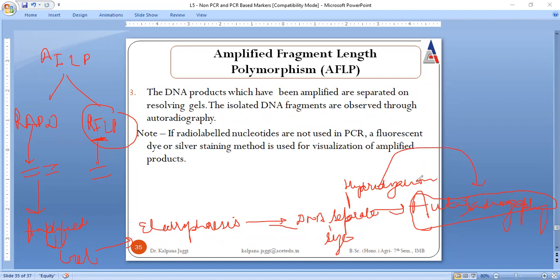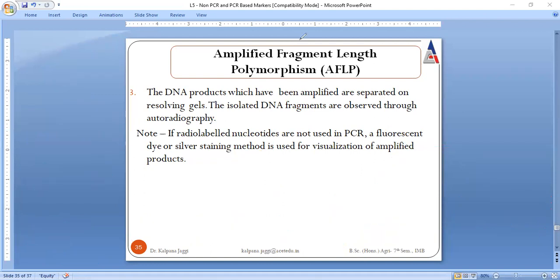Wherever there is the emission of the color, we come to know this color is due to the attachment of the probe, and that particular sequence can be detected because we know the sequence of the probe. In case these radio labeled nucleotides are not available, we can go for the use of fluorescent dye or silver staining methodology also, right? So this is all about amplified fragment length polymorphism.